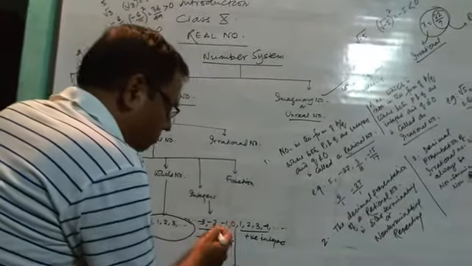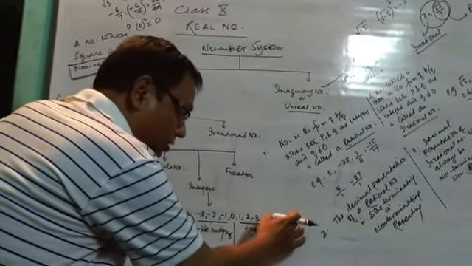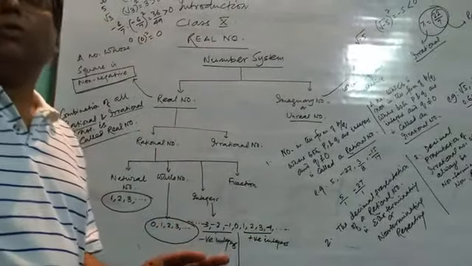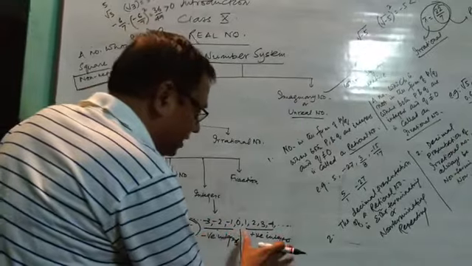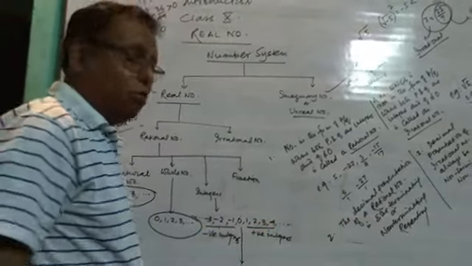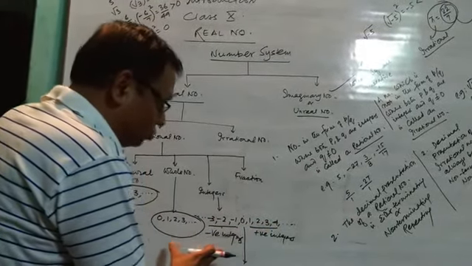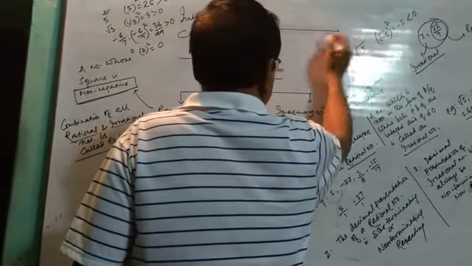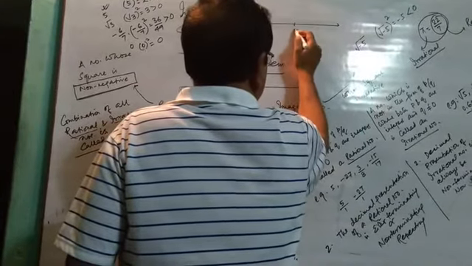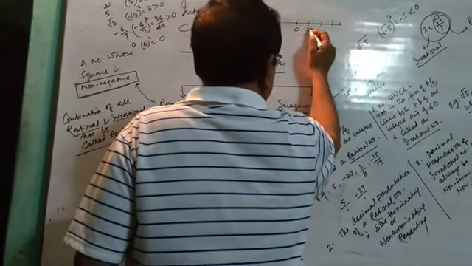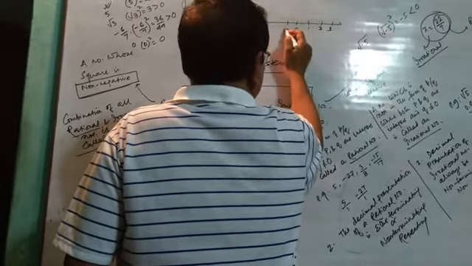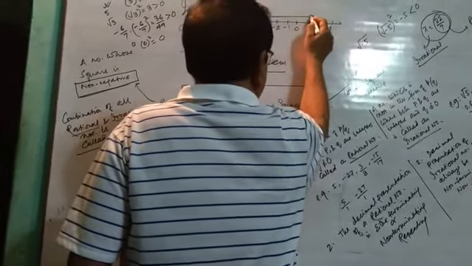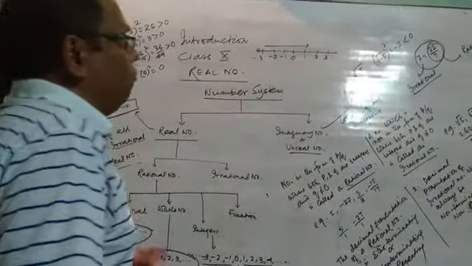What is the largest integer? We don't know. What is the smallest integer? We don't know. What are the positive integers? 1, 2, 3, 4, dot dot dot. What are the negative integers? -1, -2, -3, dot dot dot. If we draw the number line like this, you must remember 0 is here, 1, 2, 3 go like this, and -1, -2, -3 go the other way. That means the values increase as we move rightward.